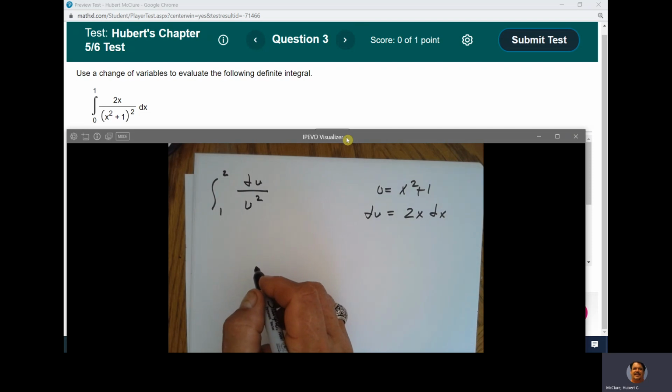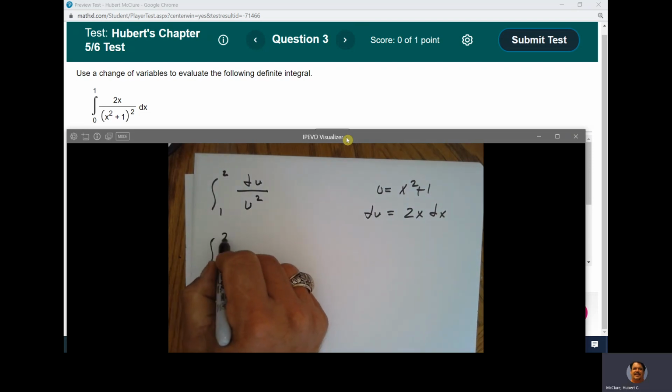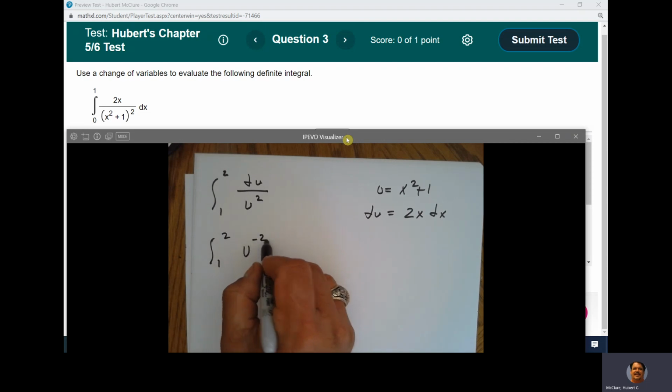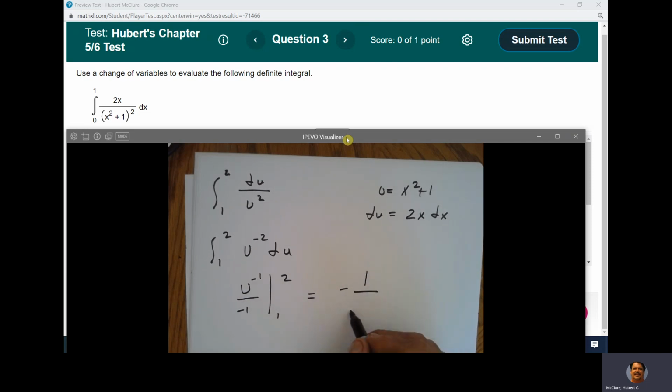And du over u squared is the same thing as the integral from 1 to 2 of u to the negative 2 du. And that's going to be u to the negative 1 over negative 1, evaluated at 1 and 2, which is negative 1 over u.